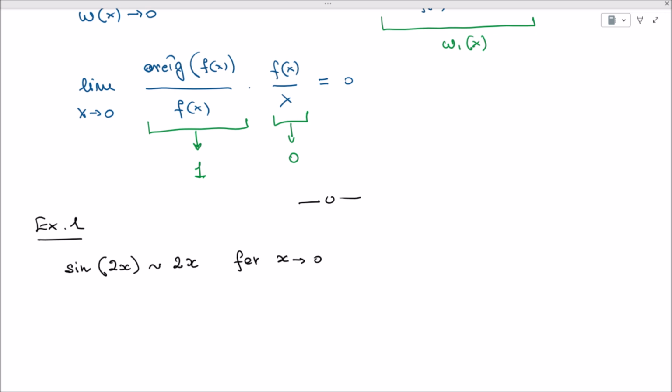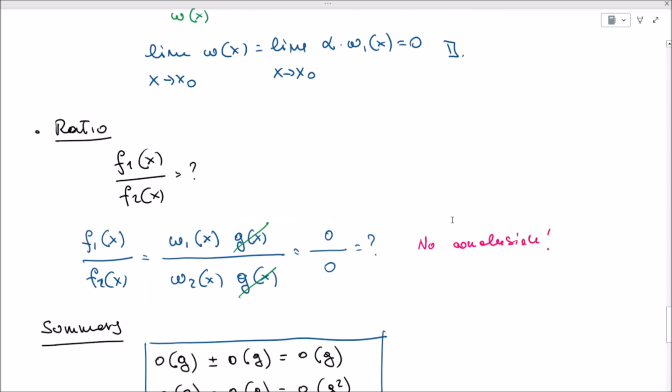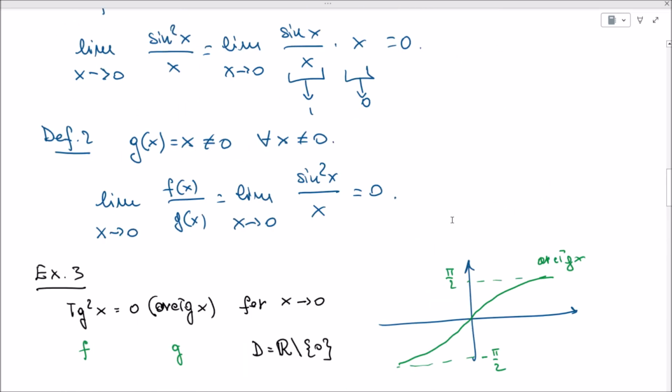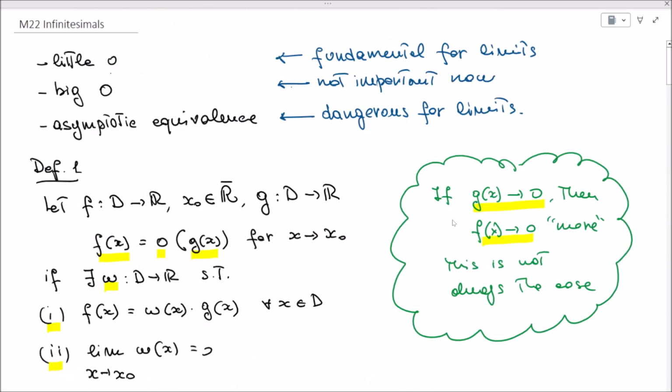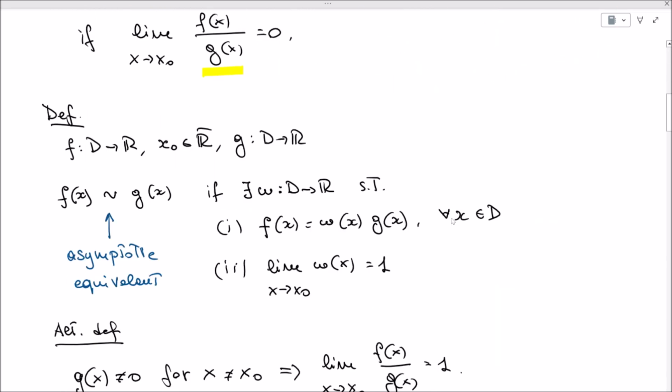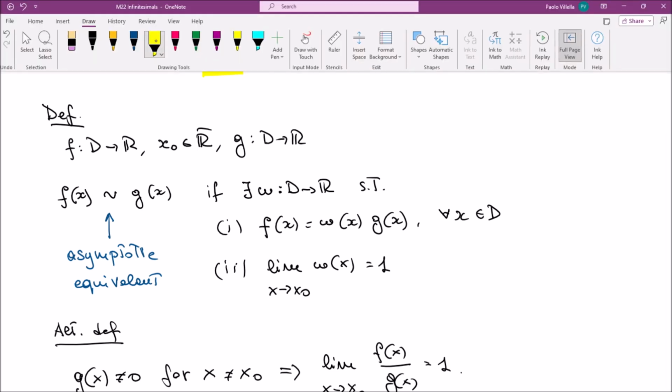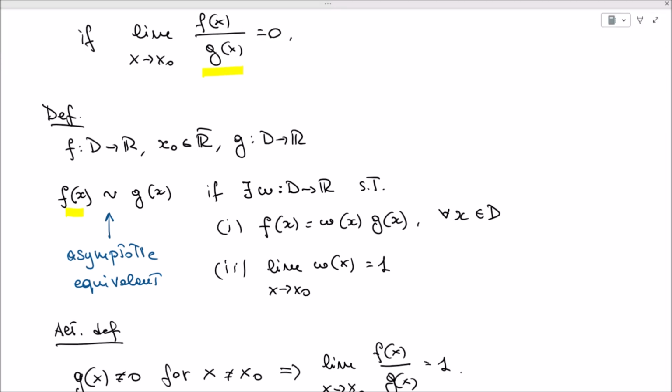Remember the definition of asymptotic equivalence. Let me go back to this definition right at the start. What we said is that f is asymptotically equivalent to g if we find a third function omega such that f of x can be expressed as the product of omega times g, and this omega has to be a function that tends to 1 when x goes to x naught.